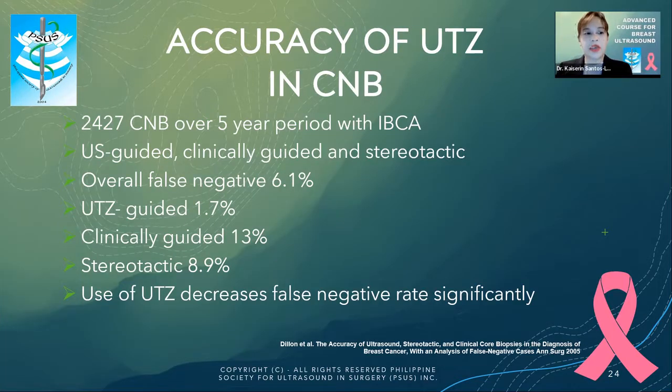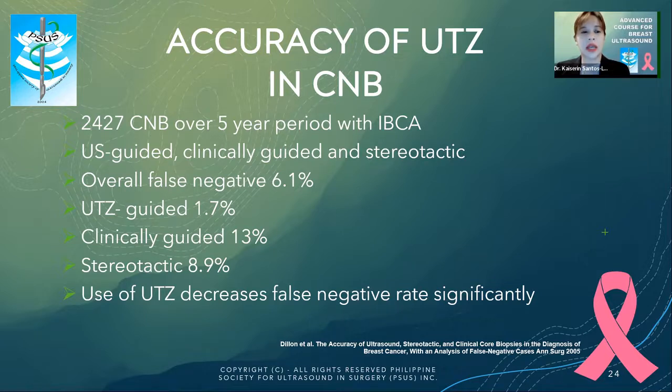In a study by Dillon et al., they wanted to check the accuracy of ultrasound-guided core needle biopsy. So with their 2,000 plus core needle biopsy results over the 5-year period, they saw that the overall false negative rate was 6.1%. When they tweaked it out in the different imaging modalities, ultrasound is one, stereotactic is another, and no image guidance was another.